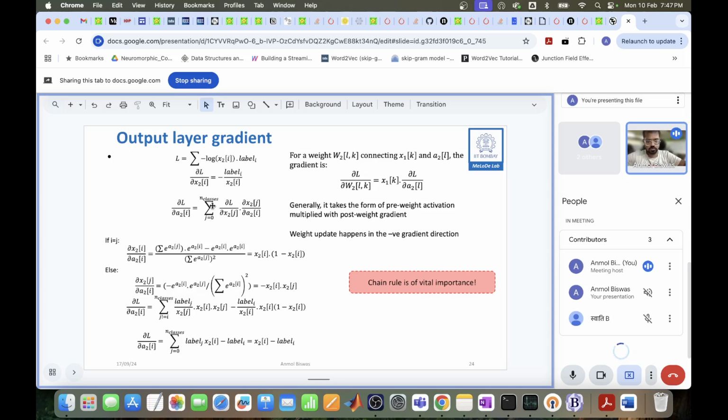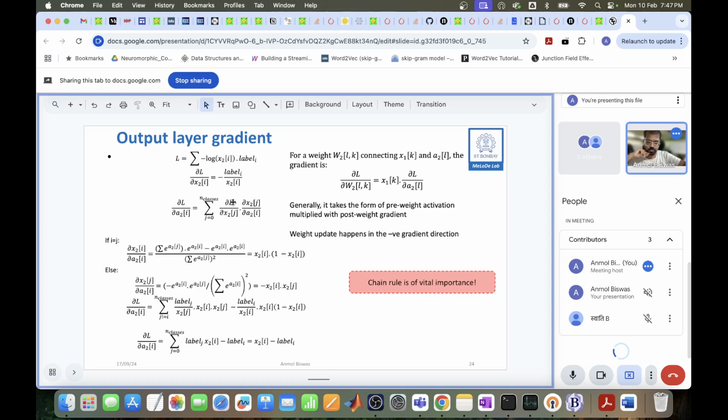And here you will notice that I have written this as a sum, which goes over all of the elements of x2, and you compute the gradient of those elements with respect to a2 of i, right?